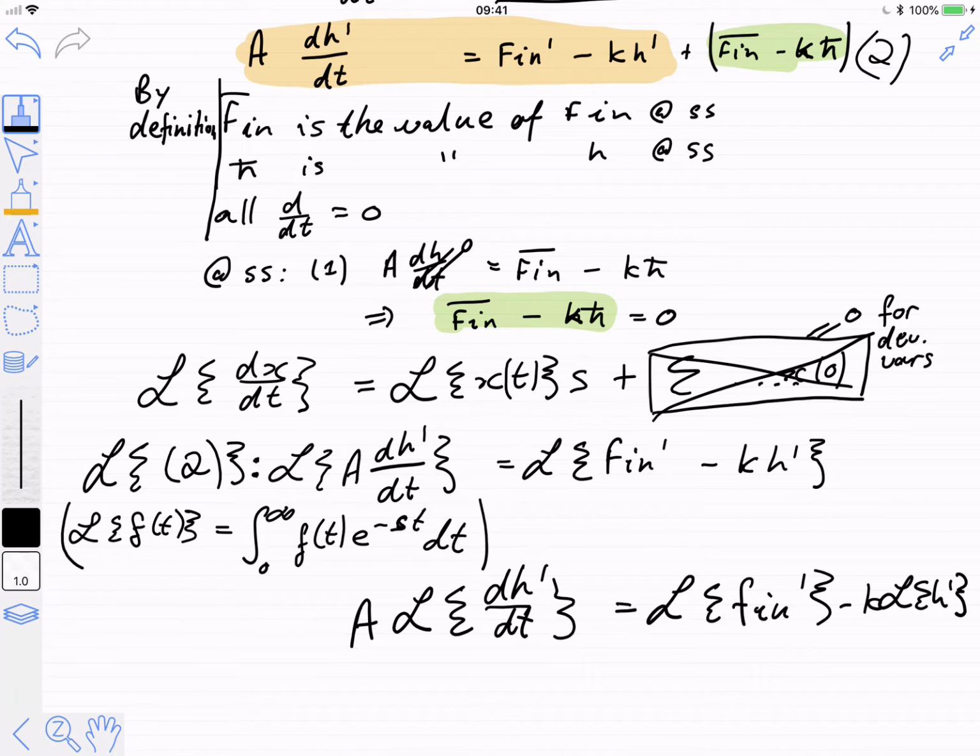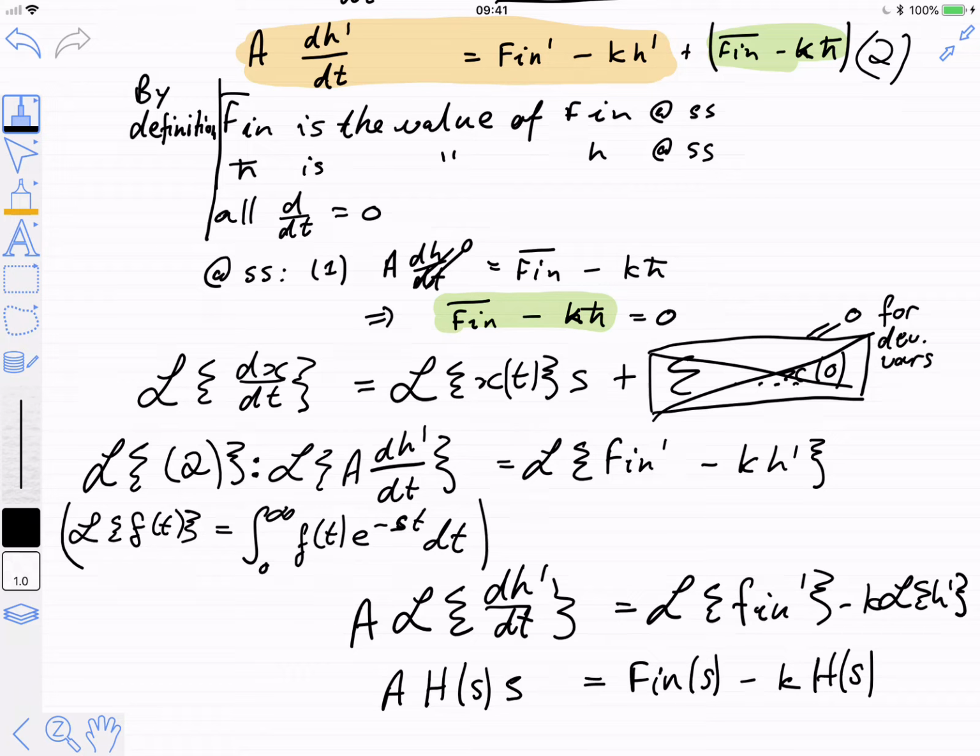And because of the previous property that I just wrote down earlier, that means I have a times H of s times s is equal to F_in of s minus k times H of s. So you should be wanting to move to a position where this comes incredibly quickly. I expect you to be able to do this kind of stuff with the Laplace transform without even thinking about it. It's super simple, it's all linear.